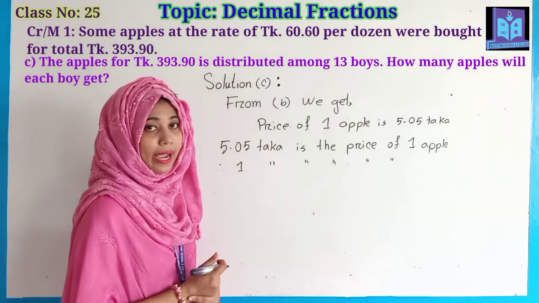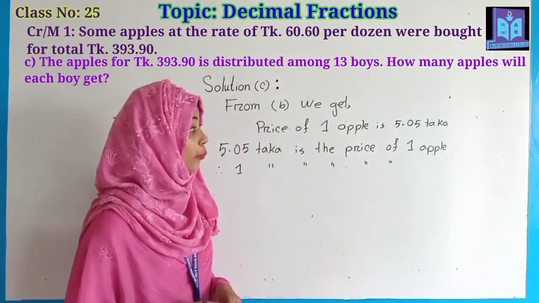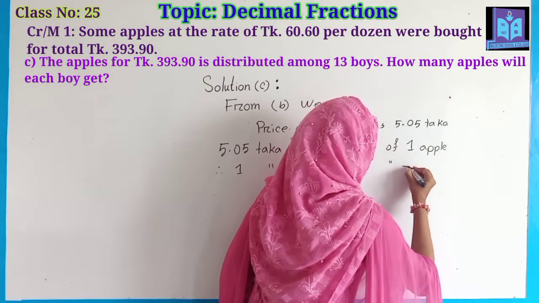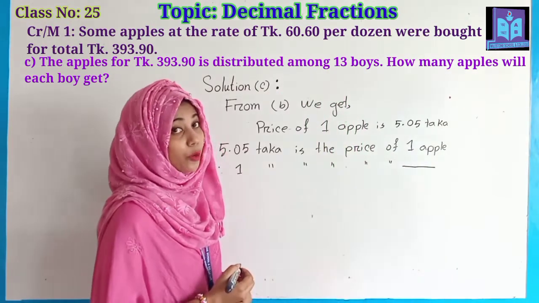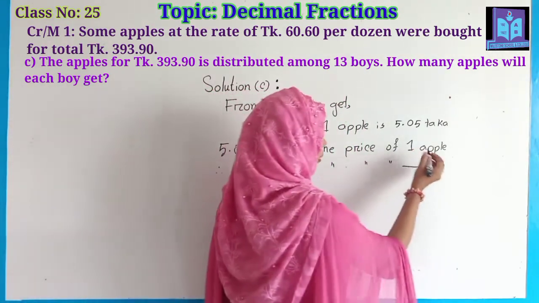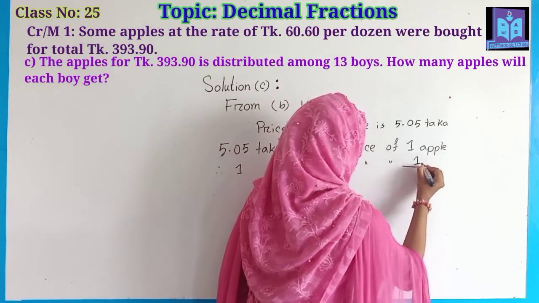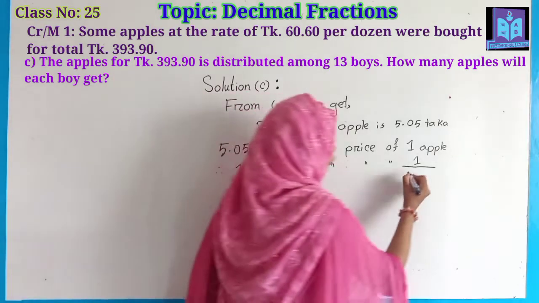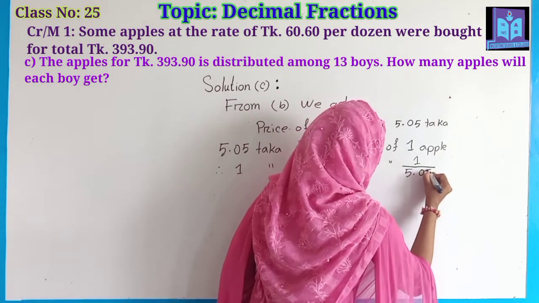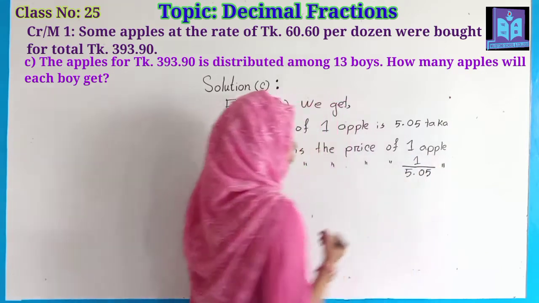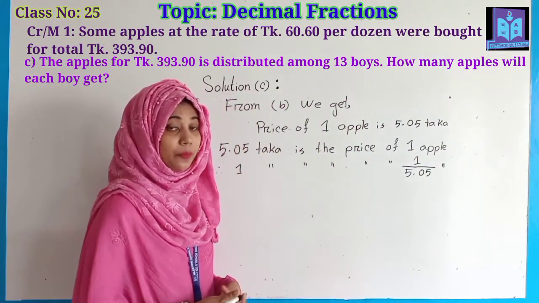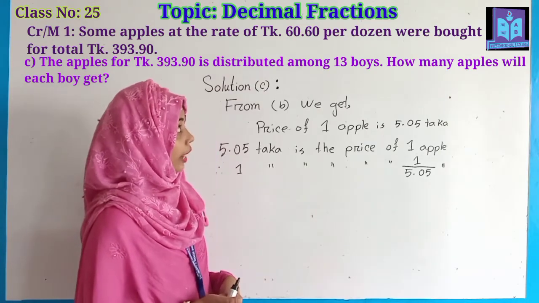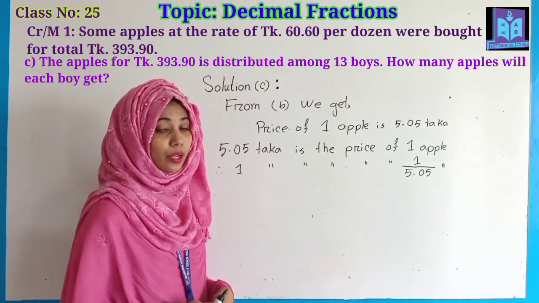Which process are we doing here? Yes, division. We can write this division as a fraction. I will give it this fraction bar. Above the fraction bar, I will write on our right side the unit, it means 1. And below the fraction bar, we will write this taka, it means 5.05 apple. But in our statement, you have to find out how many apples you can buy for 393.90 taka. Okay?